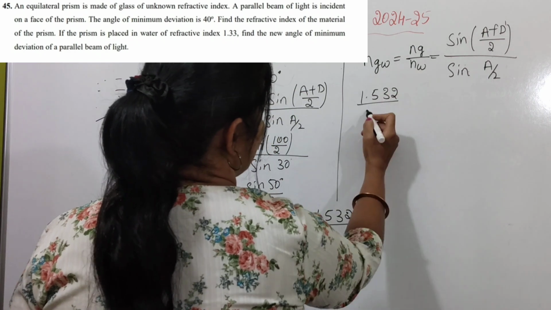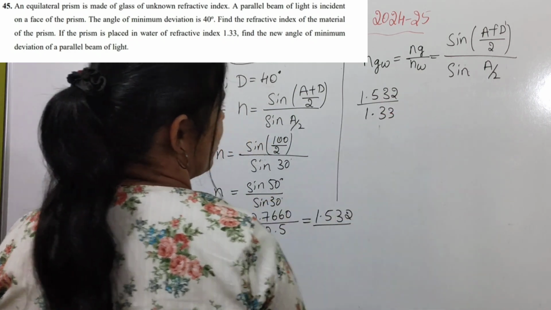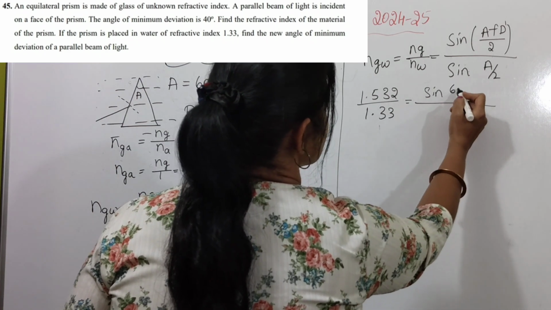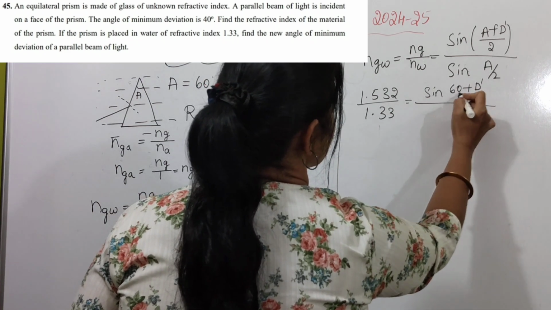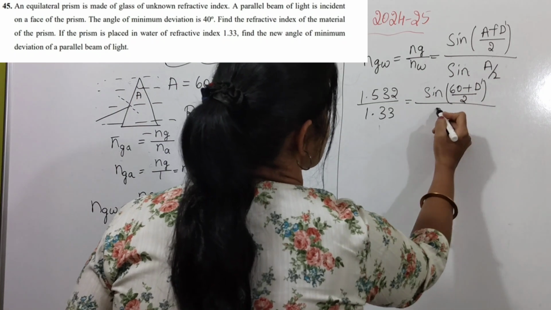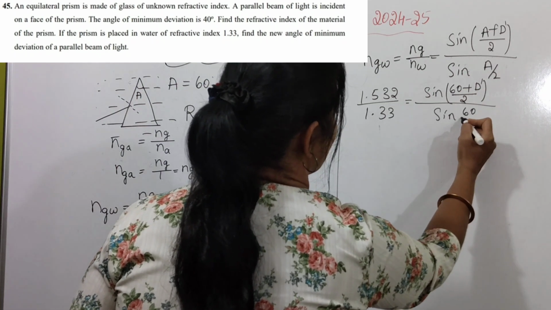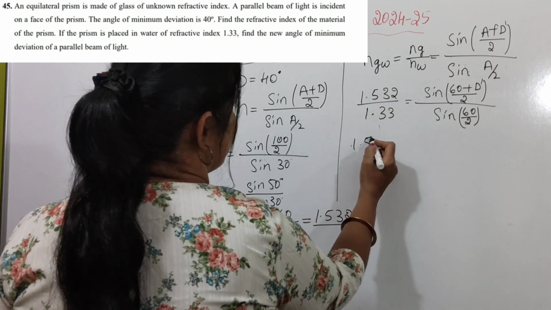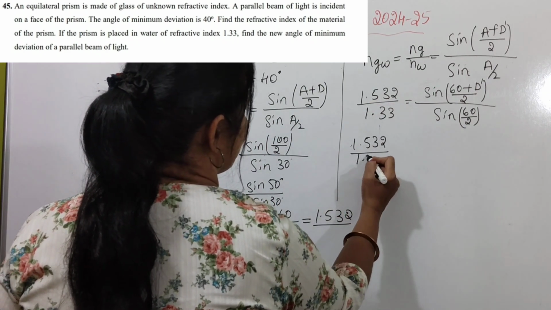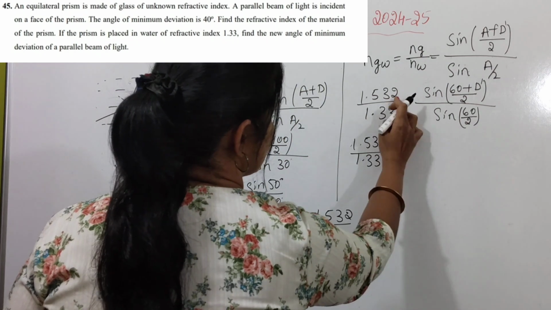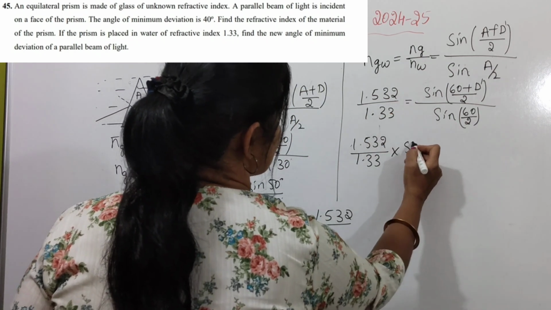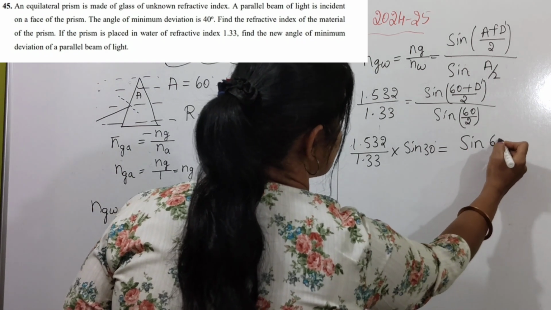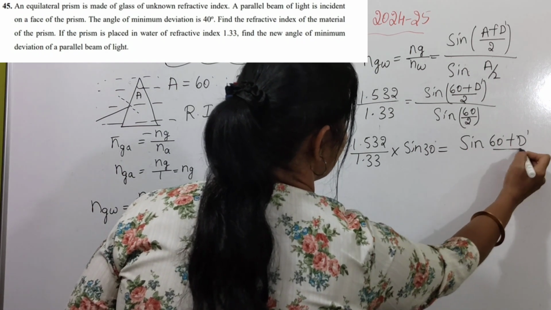Nw is refractive index of water, which is 1.33, and sine of 60 degree plus d dash by 2, over sine 60 by 2, which is 30 degree. Now let us cross multiply: 1.532 divided by 1.33, into sine 30 degree, is equal to sine of 60 degree plus d dash by 2.